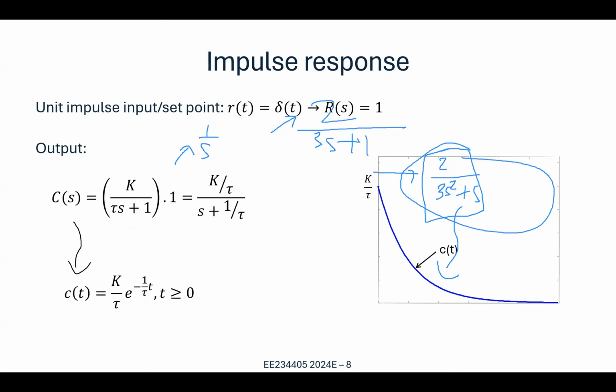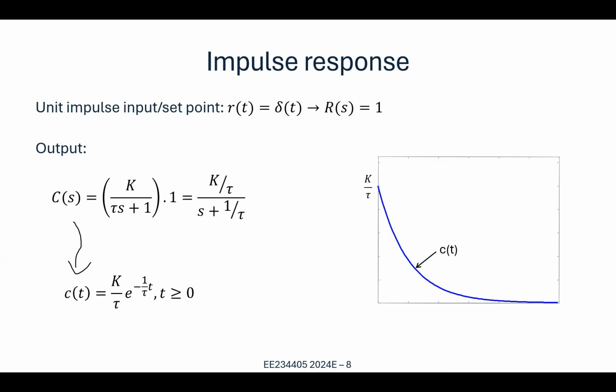So this is the simplest one with the unit impulse input or the set point, where we have r equals delta, and if you remember, the Laplace transform of this delta is 1.